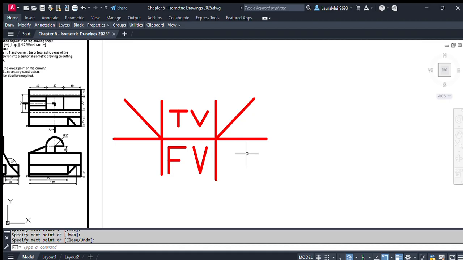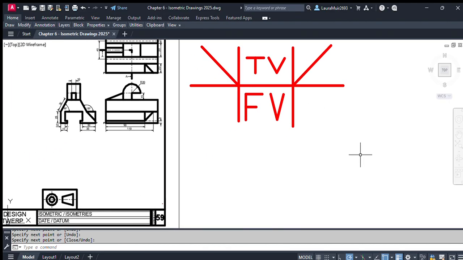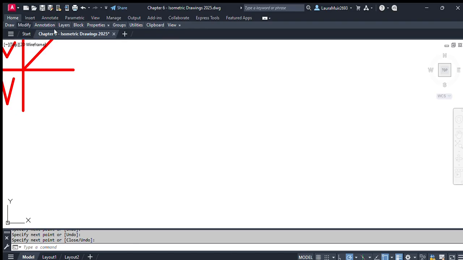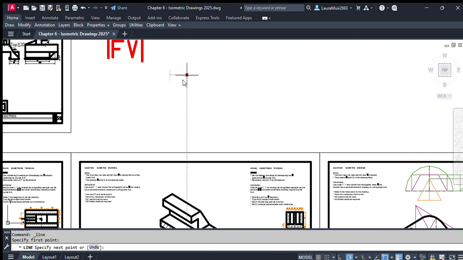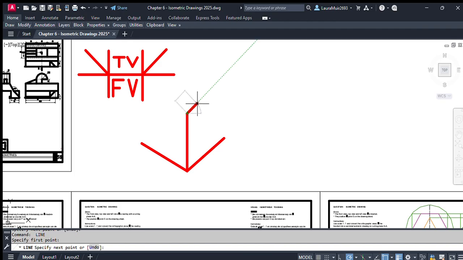Now we need to decide, are we going to see this side of the book or that side of the book? So when we're looking at our 3D model, right, here's our little 3D model, very roughly drawn, as you can see.